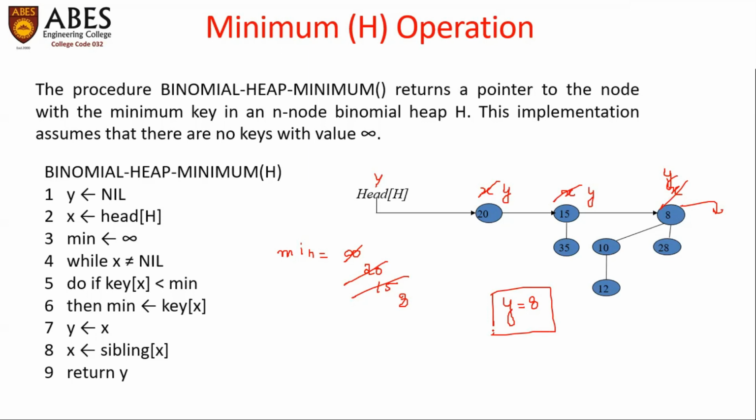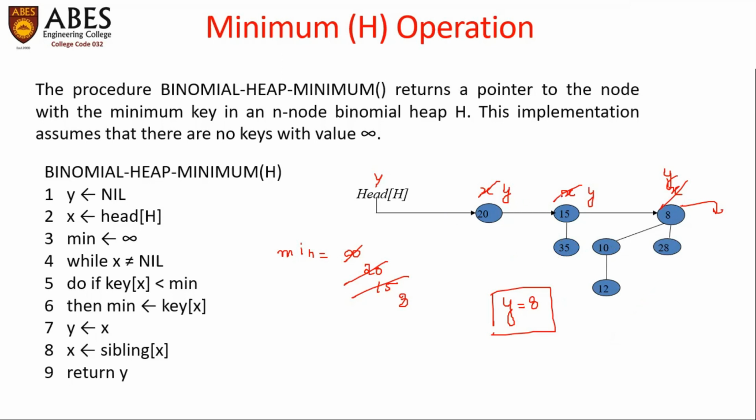Now, the next task is to find the time complexity of this operation. As you all know, the binomial heap follows the min heap property, which means the minimum elements are present at the root nodes only. So we don't have to traverse the entire binomial heap. We don't want to traverse this node or check this path.